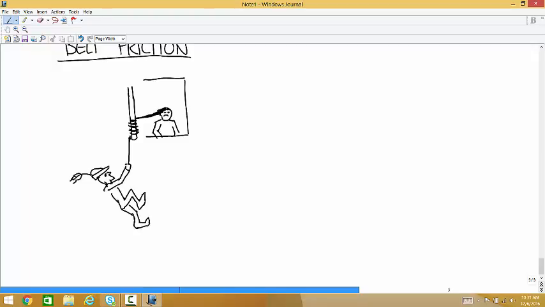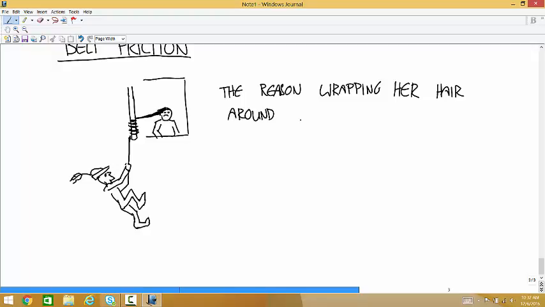So the reason this makes it hurt less is belt friction. The reason wrapping her hair around the pole reduces pain is belt friction.